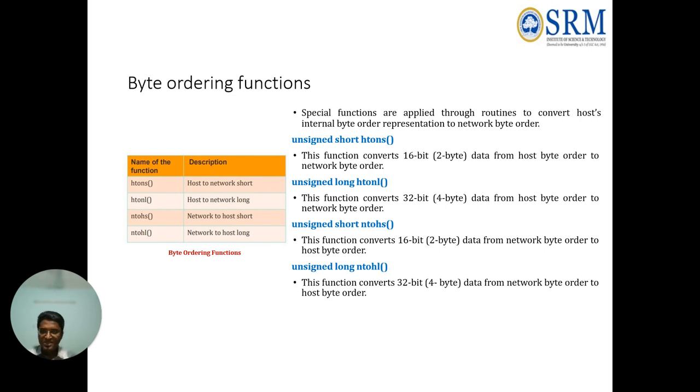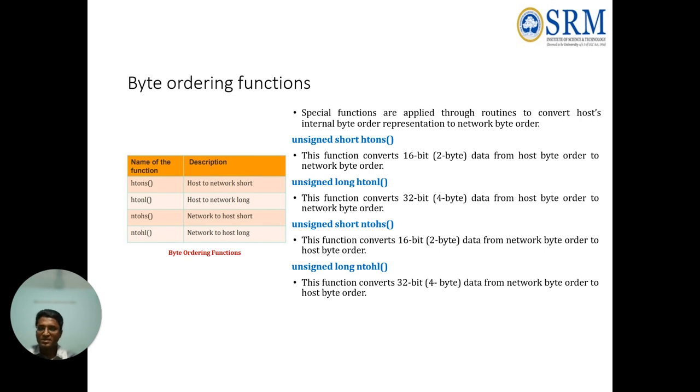So if you look at the classification, the first two, unsigned short htons and unsigned long htonl, convert the host byte order to the network byte order. The other two, unsigned short ntohs and unsigned long ntohl, convert the 16-bit and 32-bit, that is 2-byte and 4-byte, data from network byte order to host byte order.